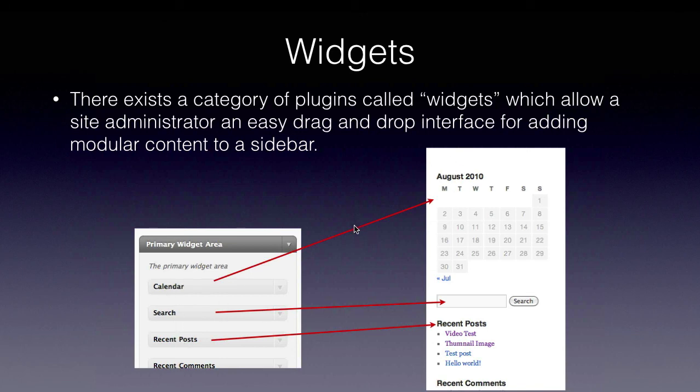Widgets always have to appear in a sidebar template. You can drag their order around, and then ultimately when the page is rendered, this is what they look like. There's a calendar widget, which outputs a calendar like this, a search bar widget, which outputs this, and handles all the functionality so that when you type in there and hit search, it will go to the search page, a recent posts widget, and then there's all other sorts of different ones as well.